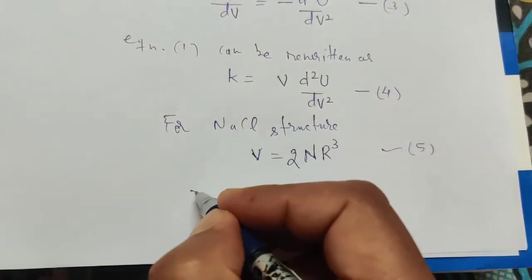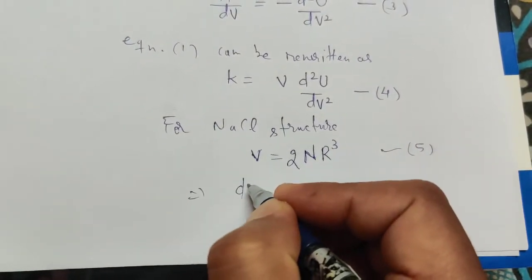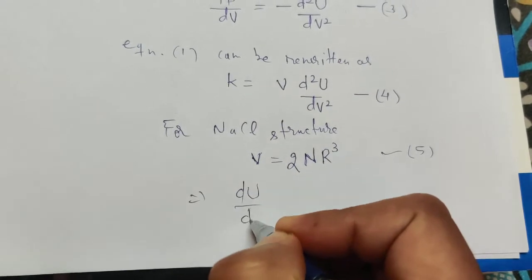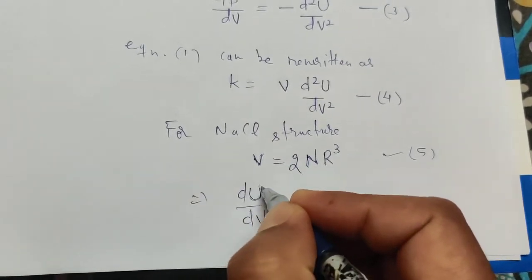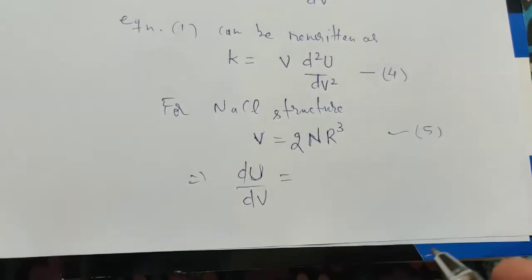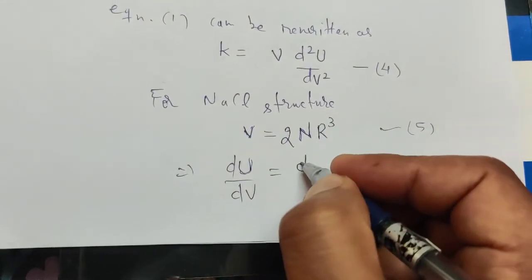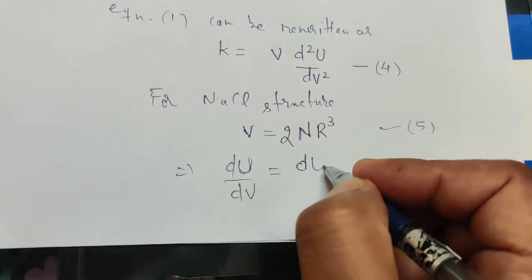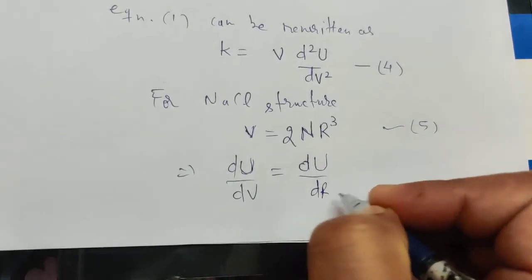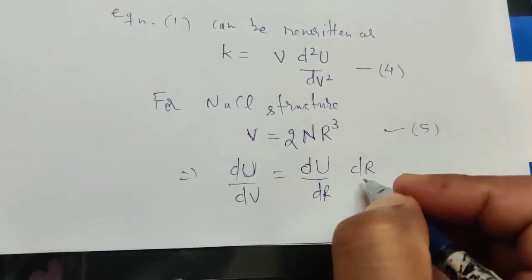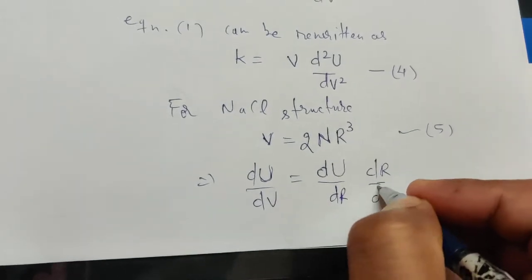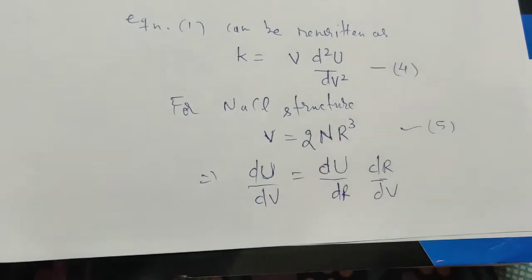So first of all, the rate of change of internal energy with respect to volume, dU upon dV, I will apply the chain rule of differentiation. Because r is here, I will write it as dU upon dr into dr upon dV.